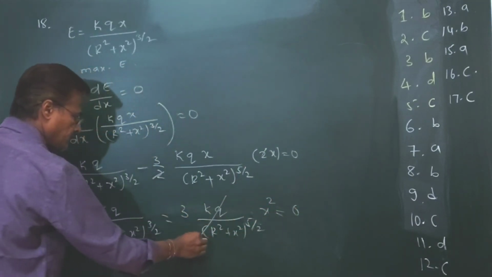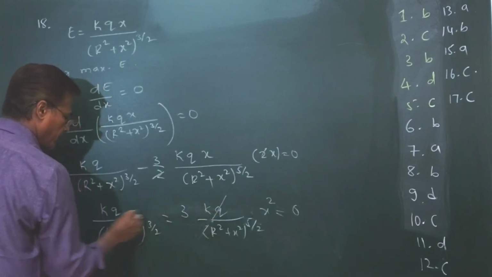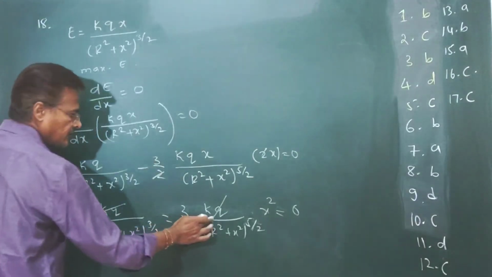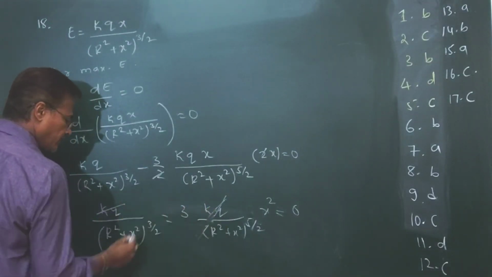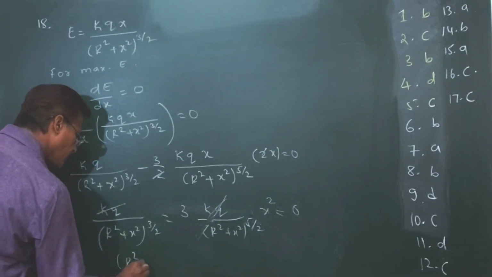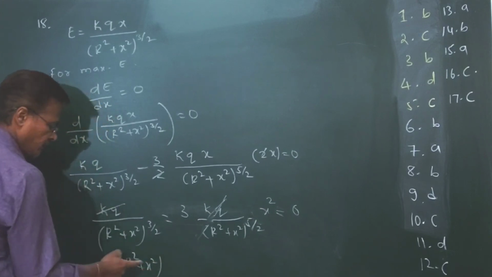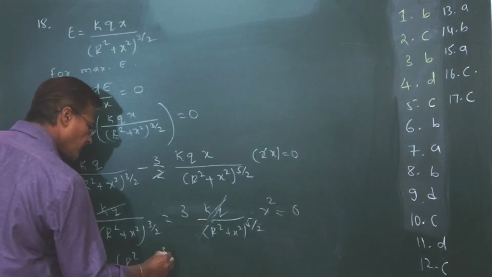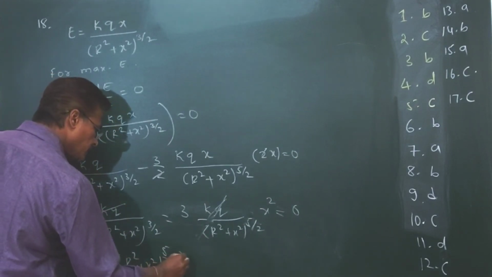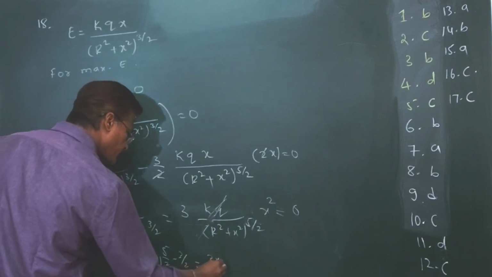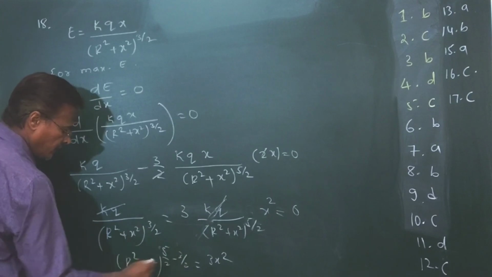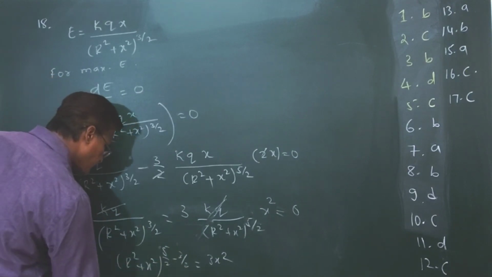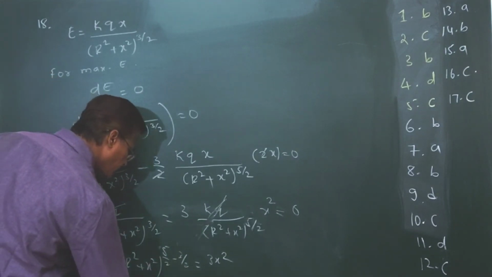Only the upper part matters and the other part gets cancelled. Cross multiplying, R square plus x square to the power of 5 by 2 minus 3 by 2 equal to 3x square. 5 minus 3 is 2, 2 by 2 is 1. So we can write R square plus x square equal to 3x square.